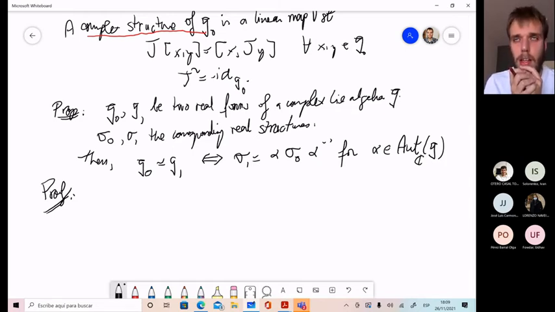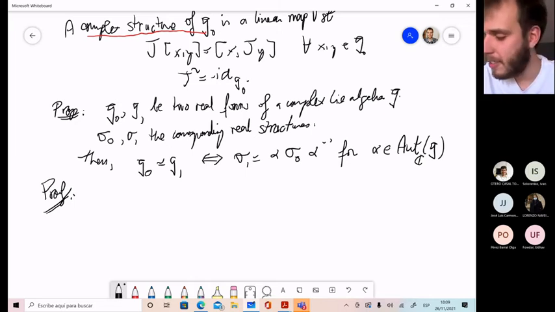We are saying that the two real forms are in the same orbit, if they are isomorphic. You can consider the group of automorphisms of g acting by conjugation on the set of real structures, and the underlying real forms are isomorphic if and only if they are in the same orbit. I just realized that. I think it's interesting from the geometric viewpoint.